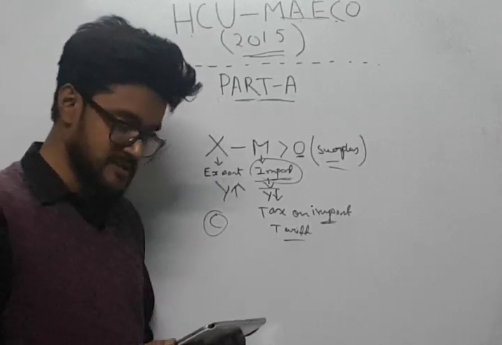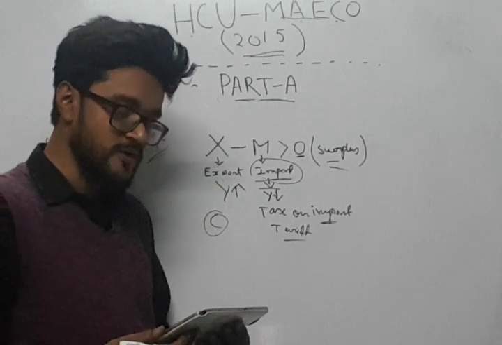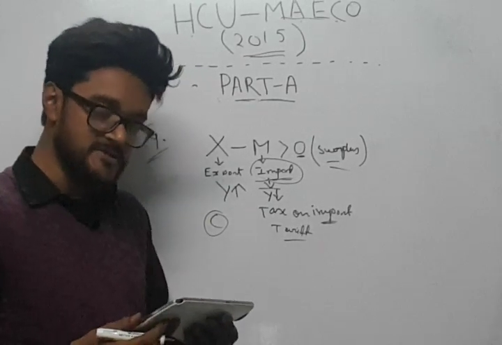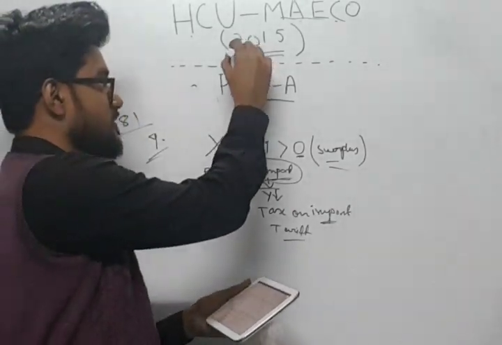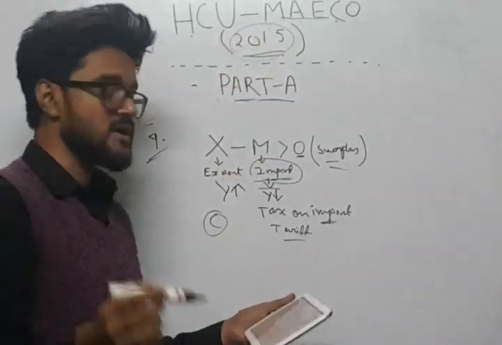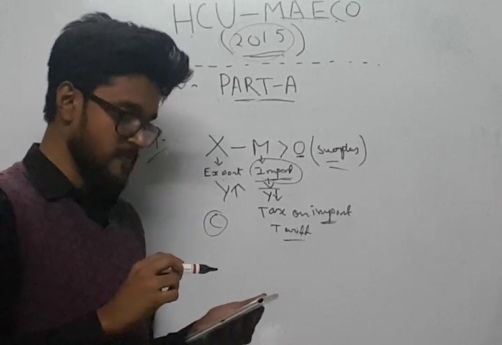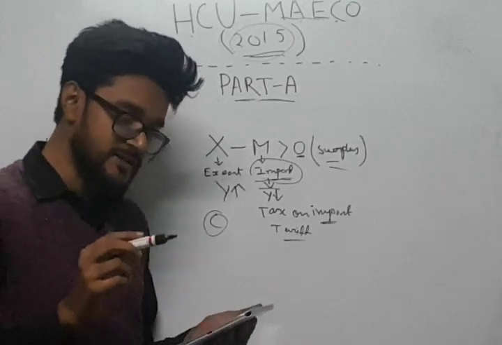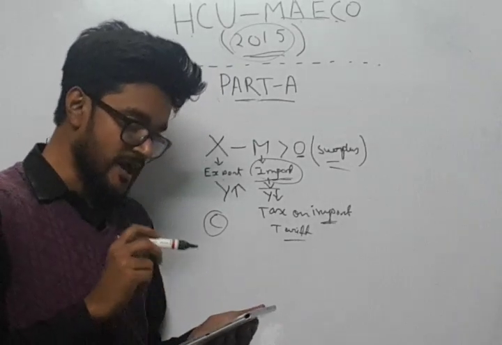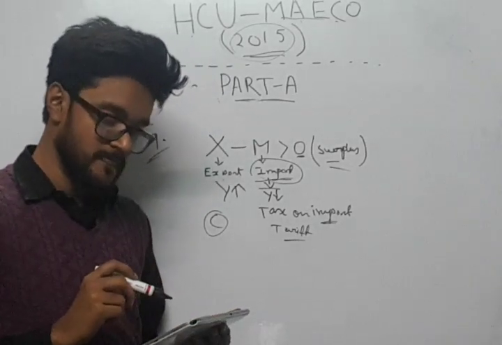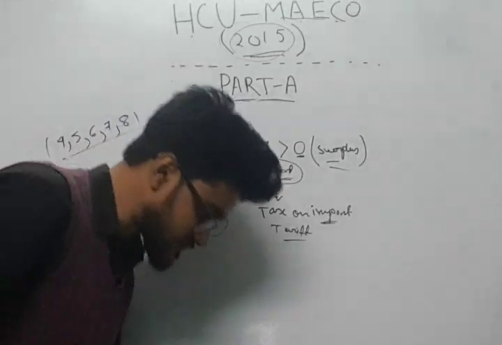In the next question, it is asked: which among the following currently has the highest production in India? We are solving the 2015 question paper. The options are milk, rice, wheat and sugar.